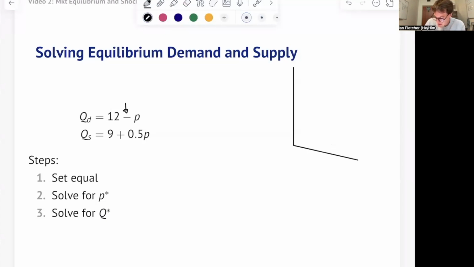Remember, the law of demand says that there has to be an inverse relationship between the two. So if we solve this for P, we're going to get QD minus 12. If we solve this for P, we're going to get 18 minus 2Q, or plus 2Q, 2Q minus 18, my fault.